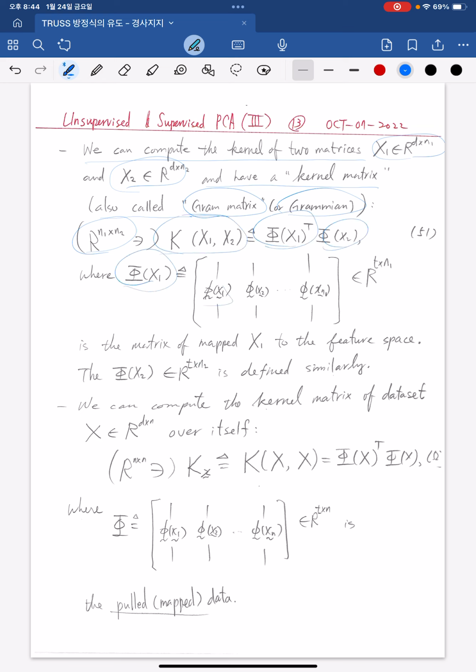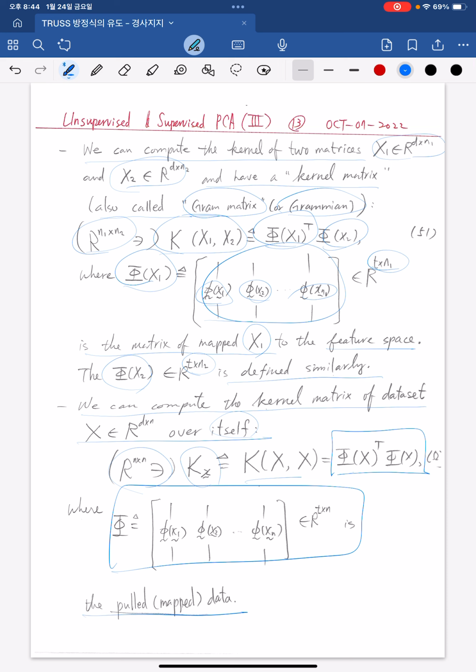Phi(x1) is t by n1, which is the matrix x1 mapped to a feature space. The phi(x2), t by n2, is defined similarly. We can compute the kernel matrix with the data set x, d by n, over itself. So this is the full mapped data.